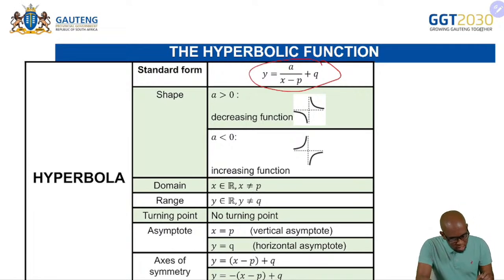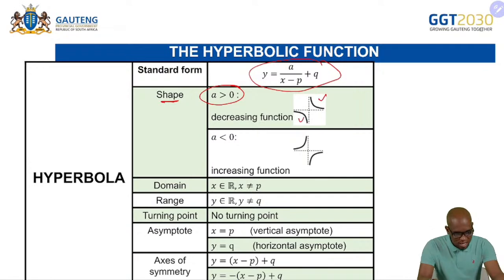Right, we see that if a is greater than 0, because a gives us the shape, we get a decreasing function. So the arms of the hyperbola should be in the first and the third quadrant. It should be in quadrant 1 and also in quadrant 3.